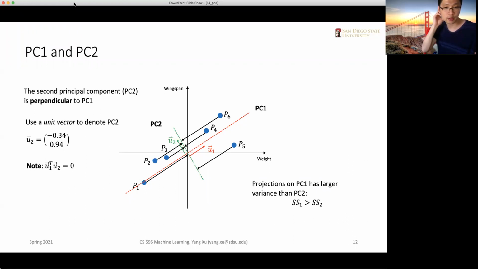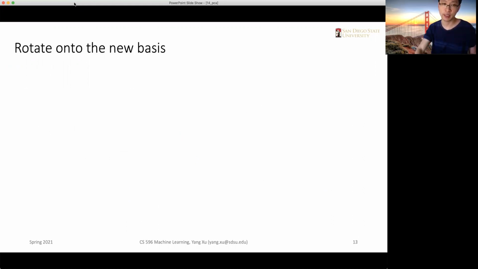The projections on PC1 have a larger variance. The sum of squares on PC1 is greater than the sum of squares on PC2. With these two principal components, we can switch to a different angle to look at the data points.